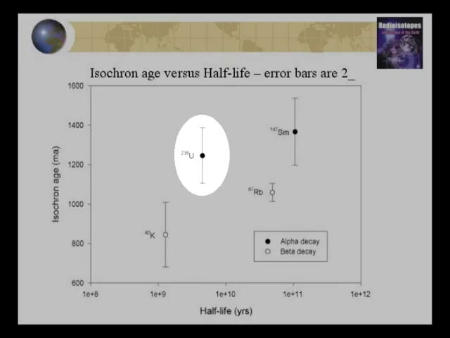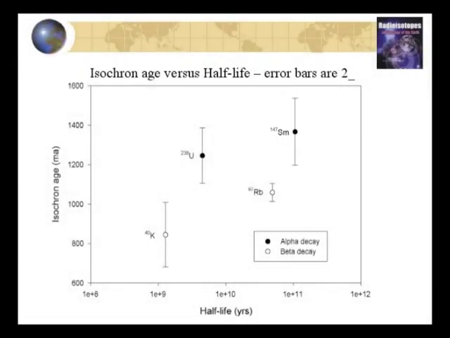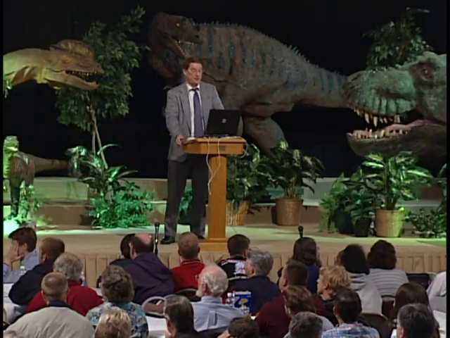And the lead, we're currently refining the error bars on this, but it's somewhere around a little more than 1.2 billion years. And the samarium-neodymium is up there close to almost 1.4 billion years. The error bars of samarium-neodymium don't overlap the rubidium-strontium, and so there seem to be discordant dates.